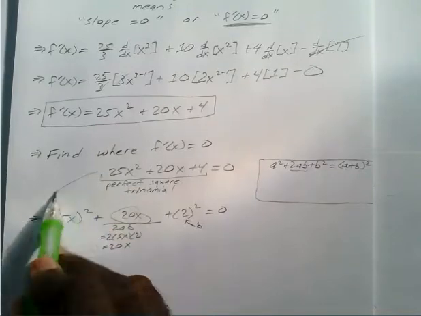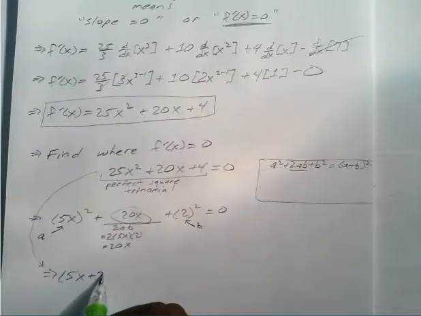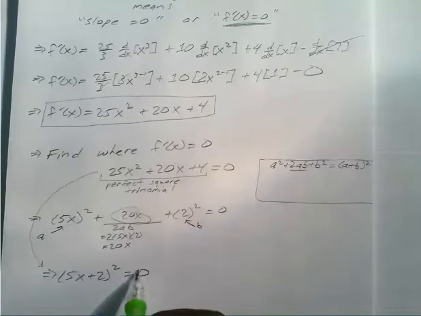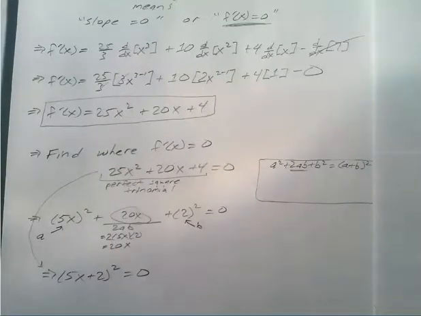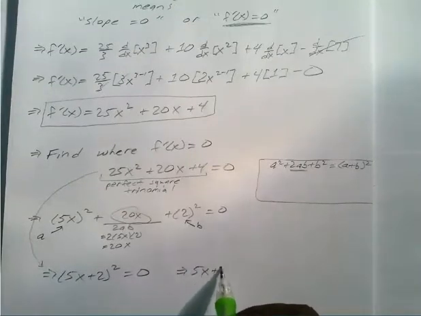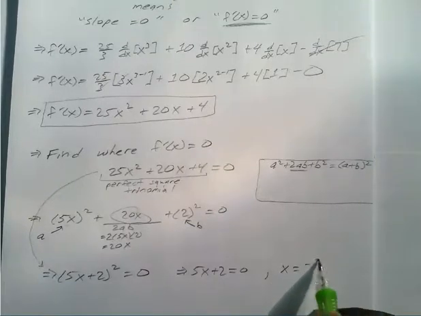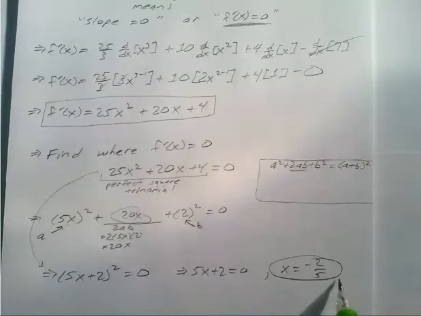Okay, so this just simplifies to 5x plus 2 squared equals 0. Alright, so if we square root both sides, that's 5x plus 2 equals 0. Solve for x. That's x equals negative 2 over 5. Okay, so that's the value of x on the graph where you would have your horizontal tangent line.